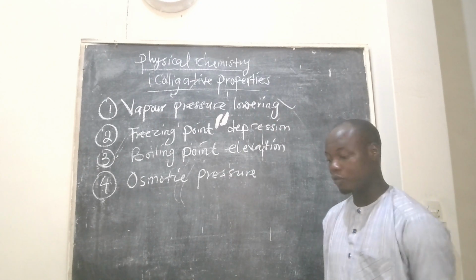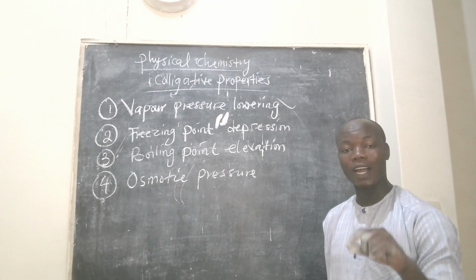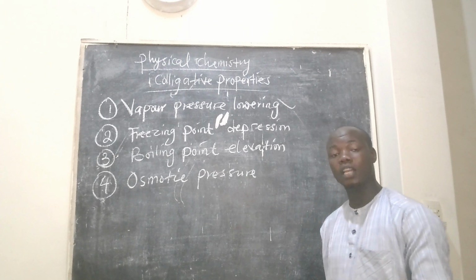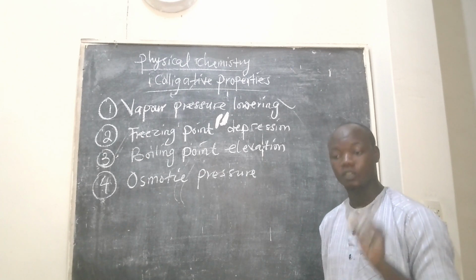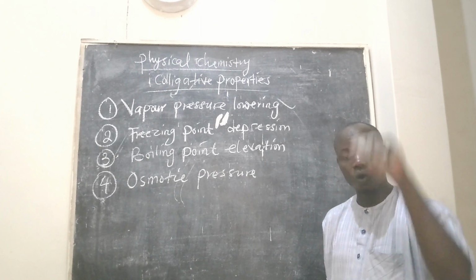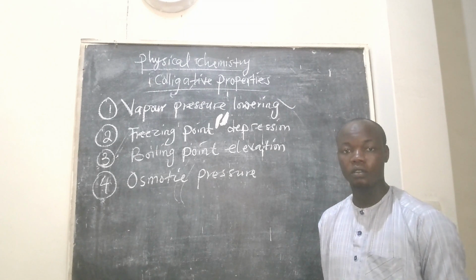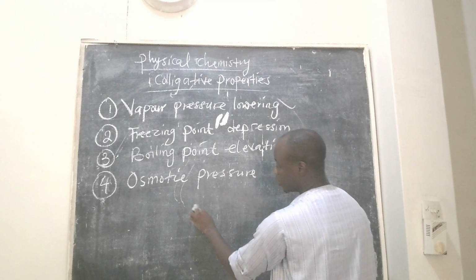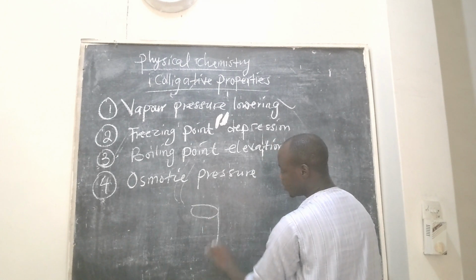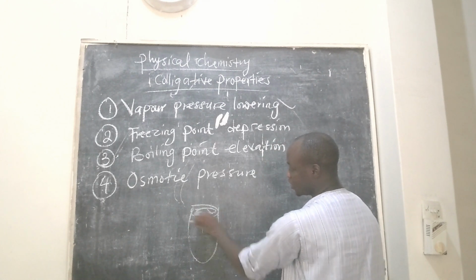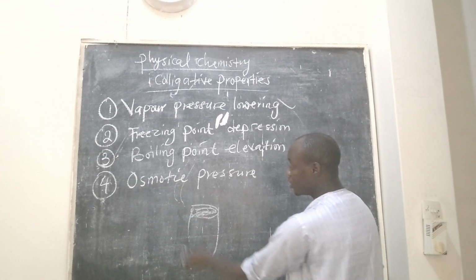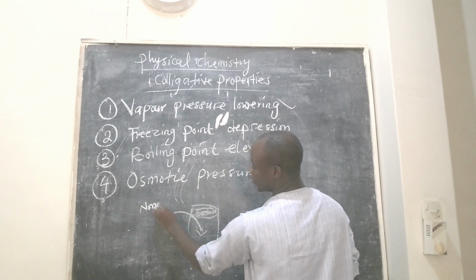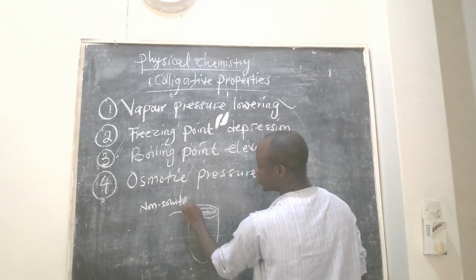So what happens in vapor pressure lowering? When you add non-volatile solutes into a solvent, it generally lowers the vapor pressure. So let's say you have a container, and this is your closed container. You now add non-volatile solutes.